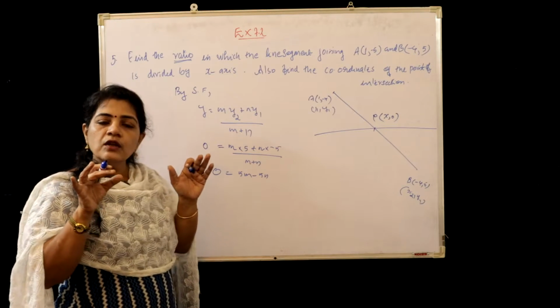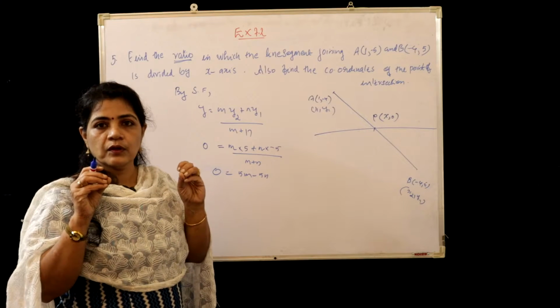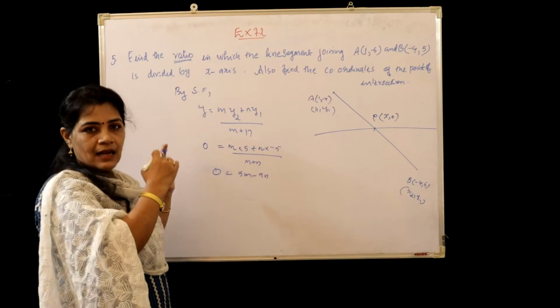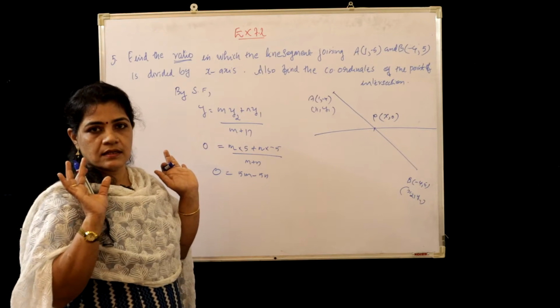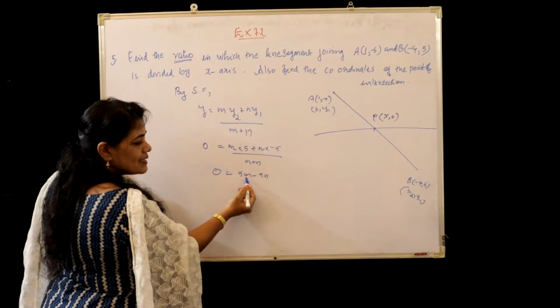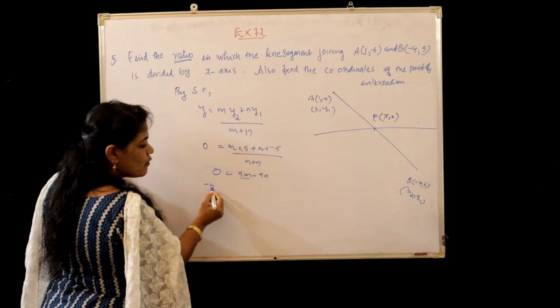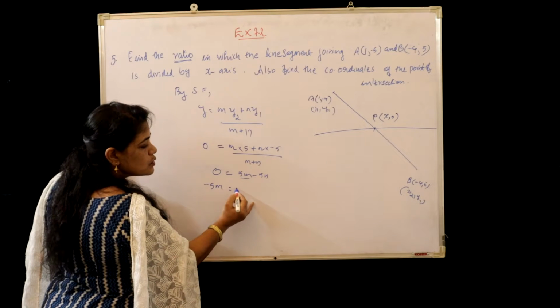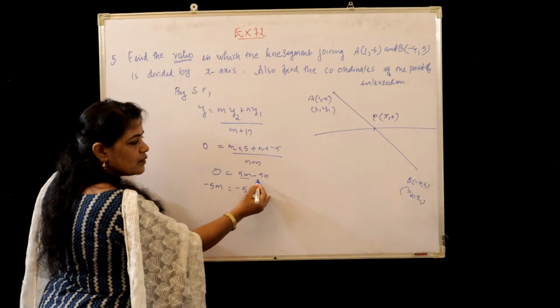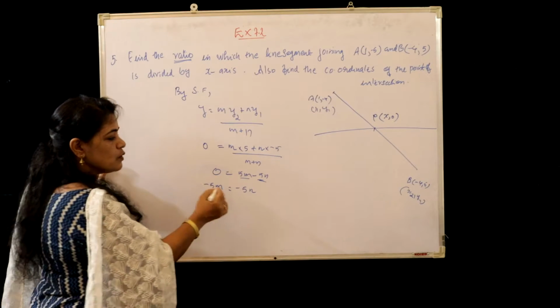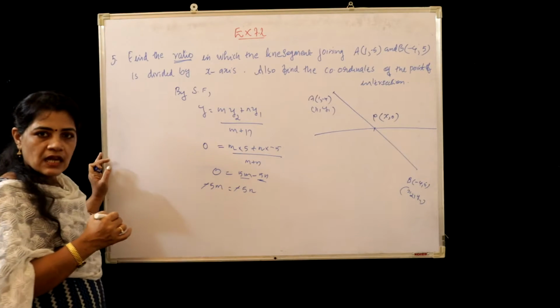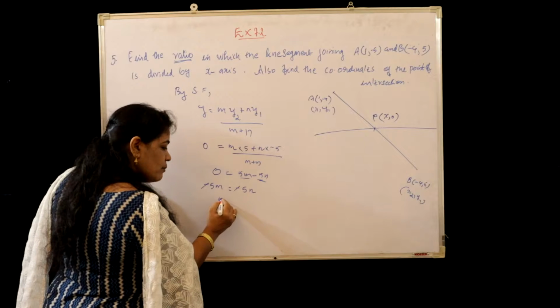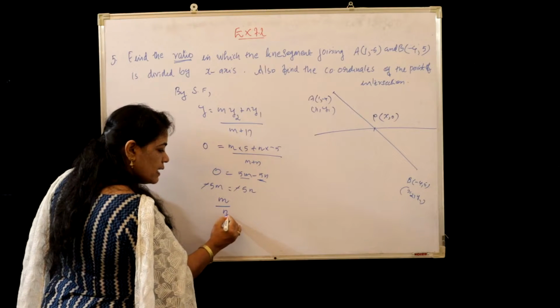So as I told, in order to get the ratio, you have to write m in the LHS and n in the RHS. So I am keeping this m term, that is minus 5m, and with plus into minus in the LHS, minus 5n is there still in the RHS. Since there is only one term, this negative sign gets cancelled, and we need m is to n, that is m by n.